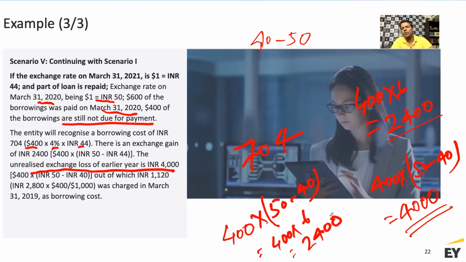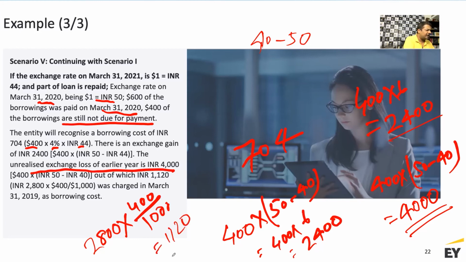But the question you have to answer is how much was considered for capitalization. What was considered for capitalization was only 2,800 rupees. Now how much of that 2,800 rupees relates to this $400? So 2,800 into 400 by 1,000, which is 1120, is what you have to compare with this 2,400.